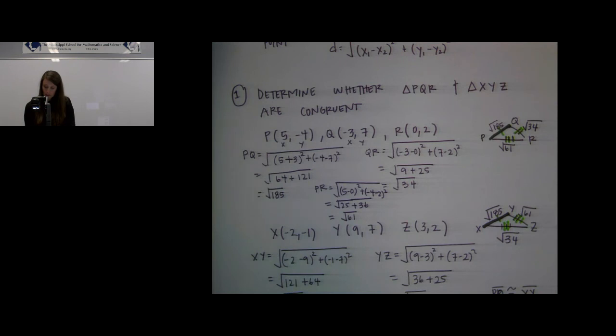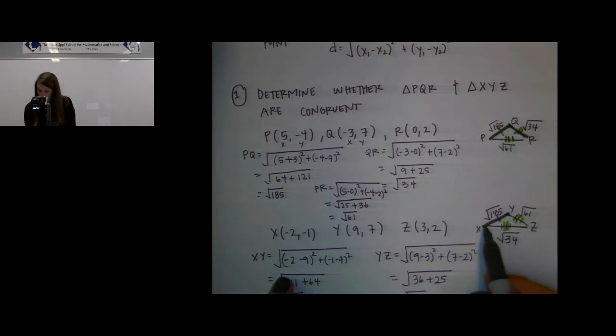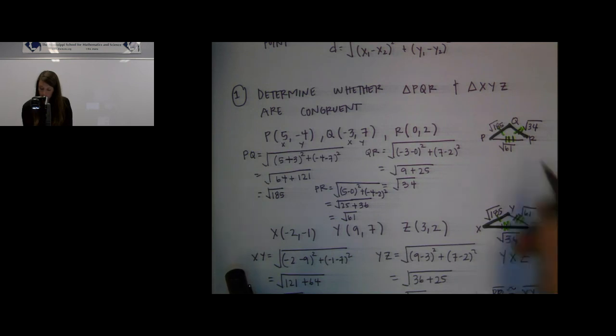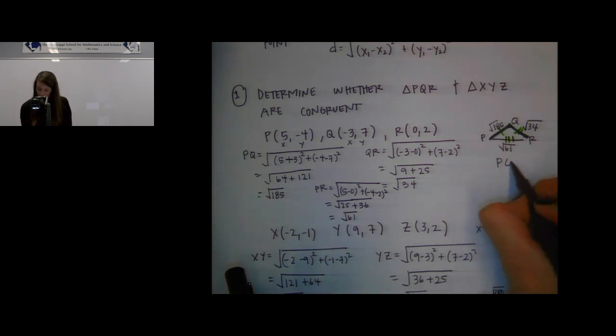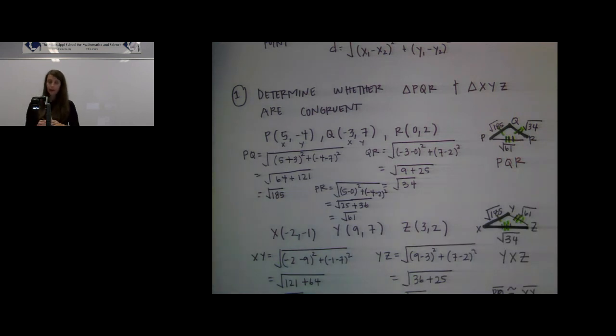PQ and YX are going to be congruent. QR and XZ. So YXZ and PQR.